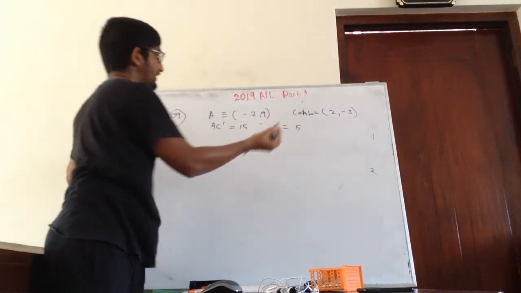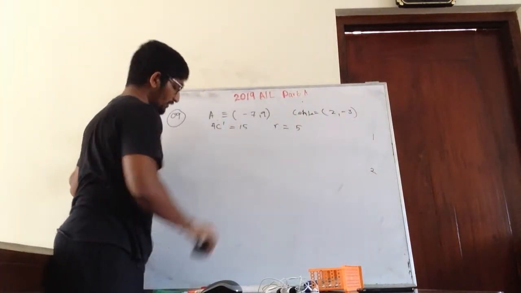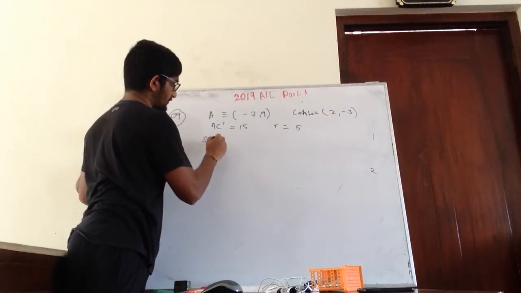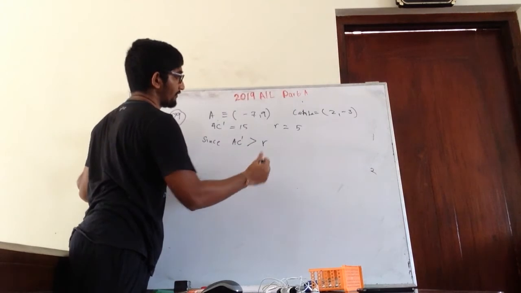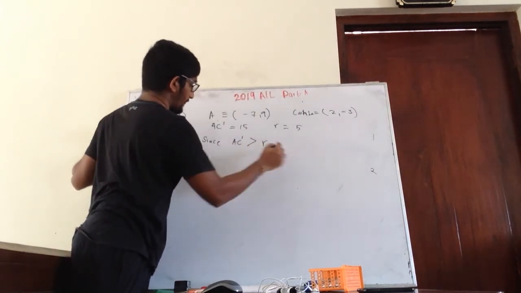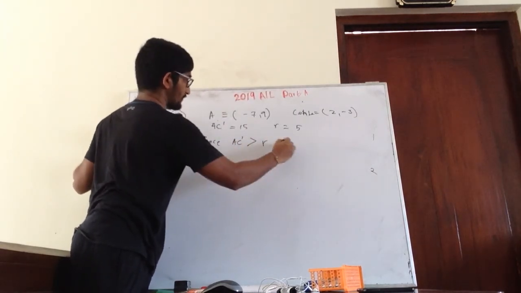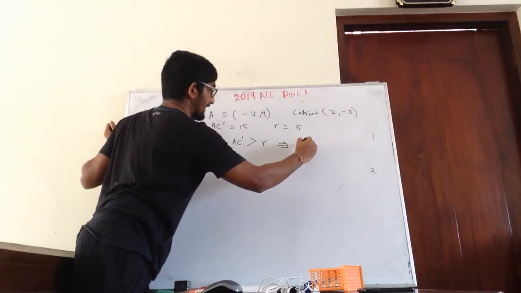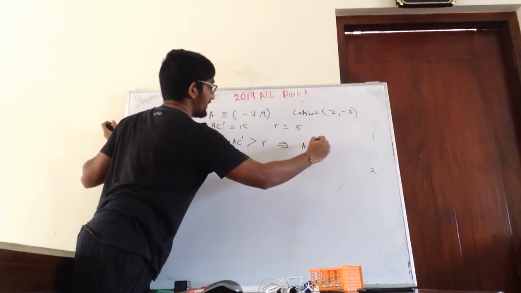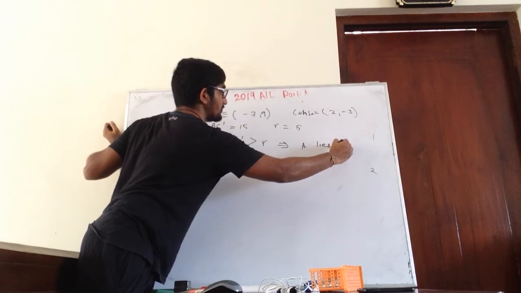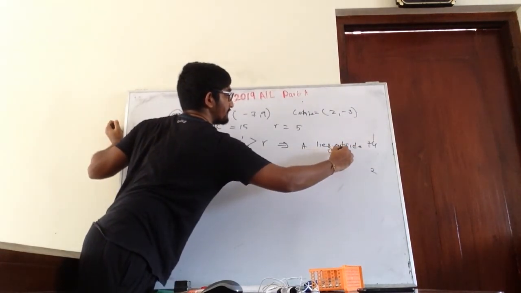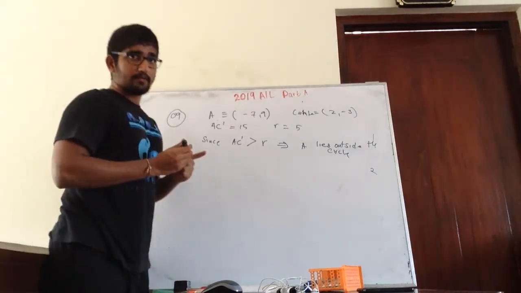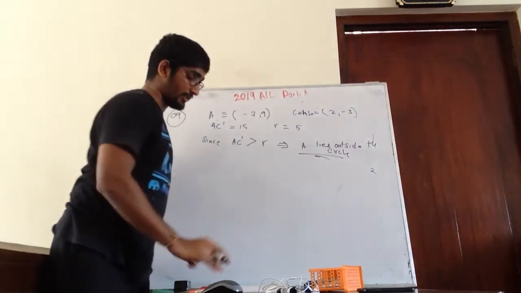So these are the findings that we have. So now since AC dash is greater than R, we can say that point A lies outside the circle. Right, so that is what we need to show.